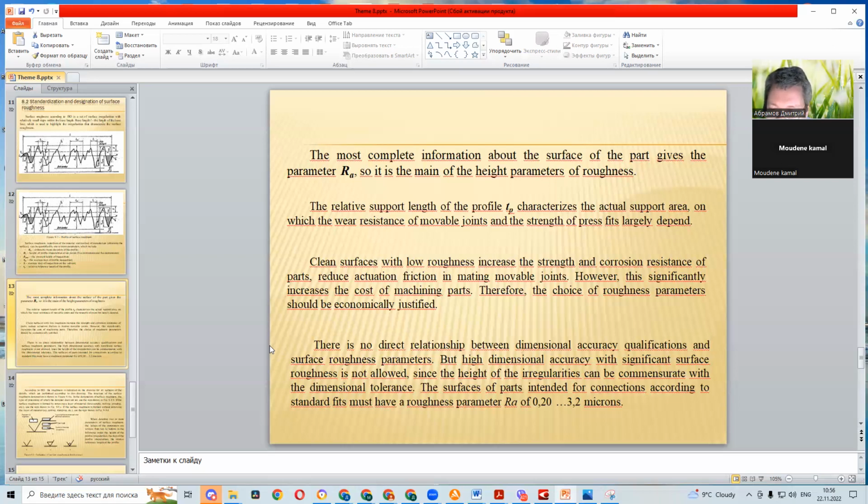The surfaces of parts intended for connections according to standard fits must have a roughness parameter Ra of from 0.2 to 3.2 micrometers.